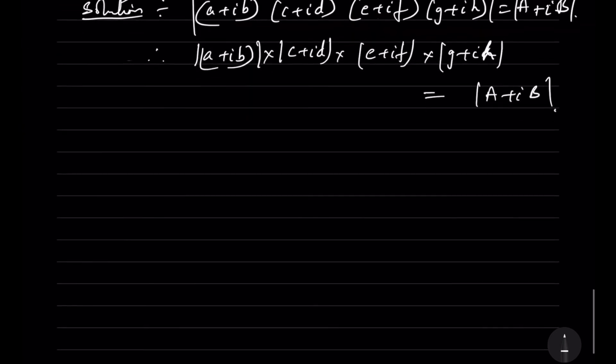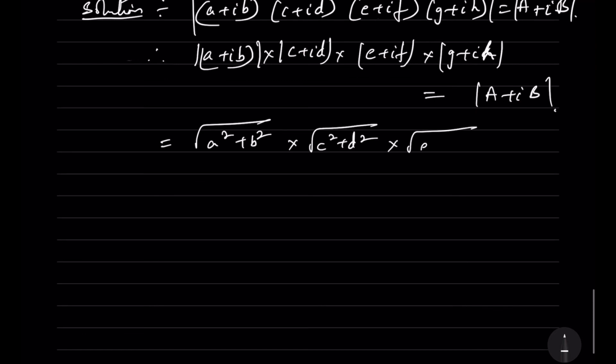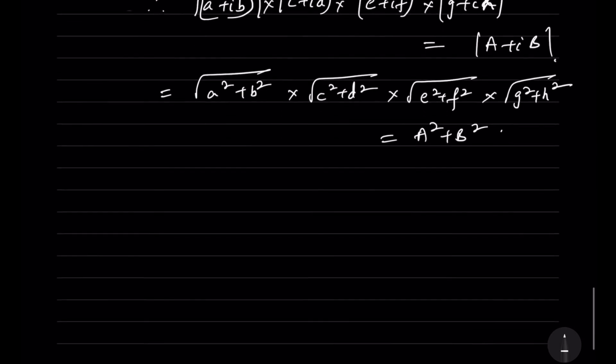So now you can write this as root of a square plus b square into root of c square plus d square into root of e square plus f square into root of g square plus h square, which is equal to root of a square plus b square.